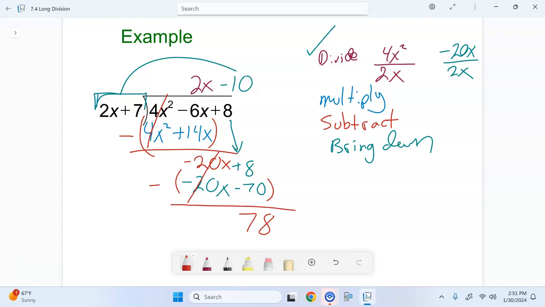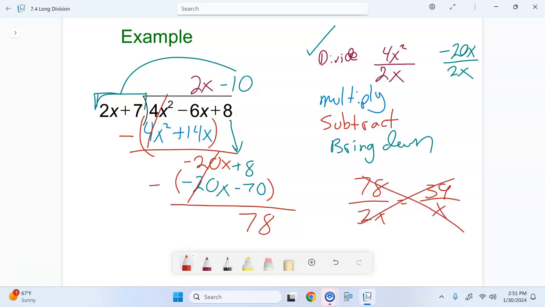If it's not a fraction, then you don't. If we were to divide 78 by 2x, I'm left with a rational expression. We don't want to do this.